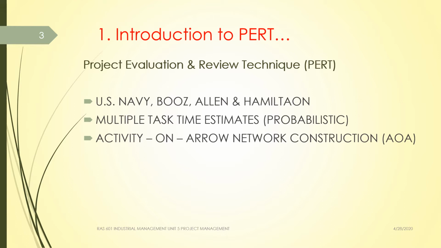And if the mean variation is taken into consideration, then obviously it can be easily assessed for the tenure of the project. In this particular technique, we usually consider the activity on arrow while drawing the network diagram.